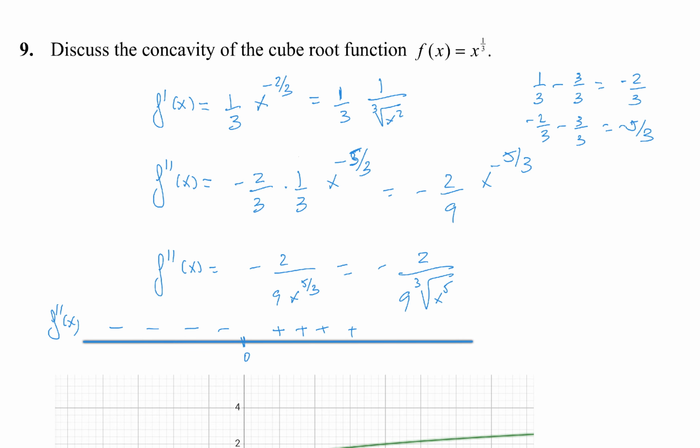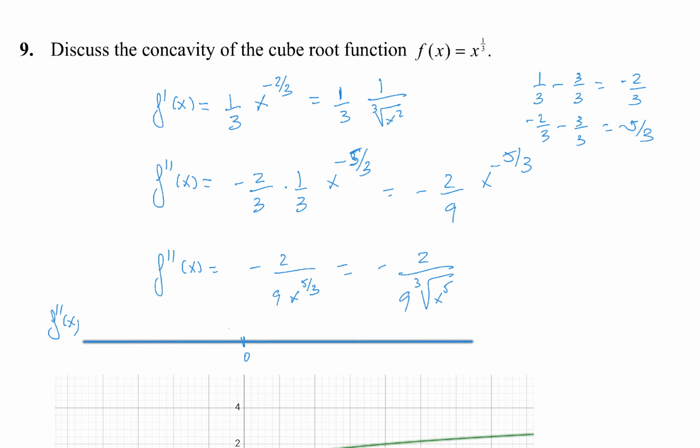You see how it is being solved. It's not difficult to follow the calculations. Here is the summary. To the right of 0 the second derivative is positive, meaning that the curve is concave upward.